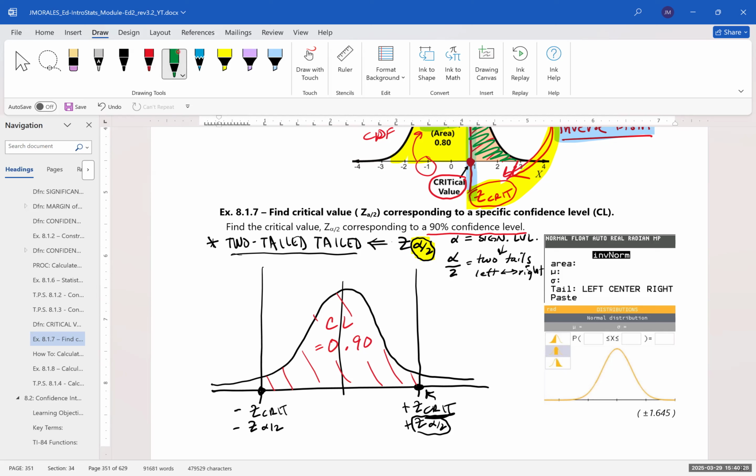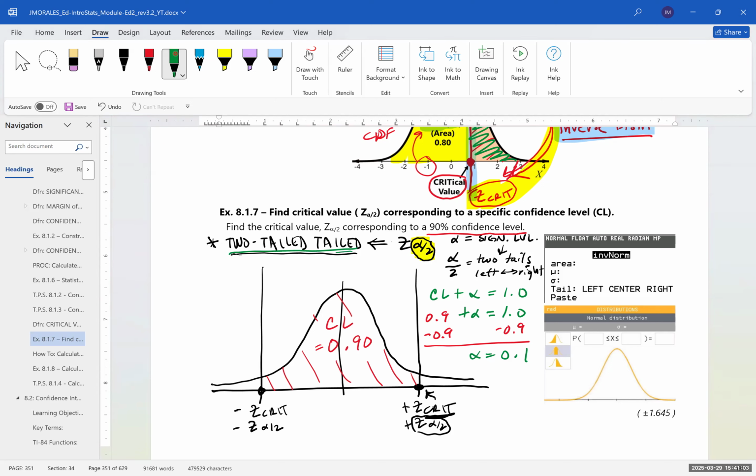And in order for the total area under the curve to add up to 1, we have to remember the confidence level plus the significance level is equal to 1.0. So if the confidence level is 0.9, to solve this little algebra equation, we can subtract 0.9 from both sides. What we're left with is that the significance level is going to be 0.1.